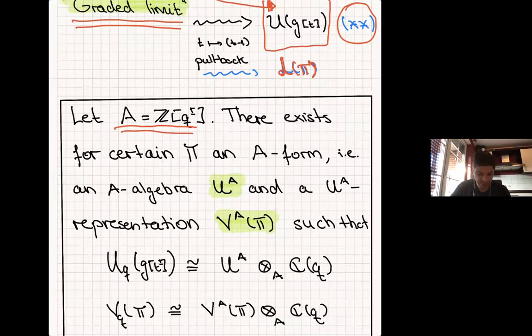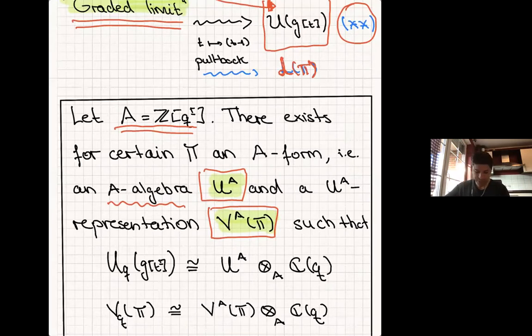For that, you first need an A-algebra, this U_A, and you need a representation for this algebra, let me call it V_A(pi), such that you can realize this algebra as a tensor product. Well, this is not so difficult. And also you can realize the representation as a tensor product over this ring A. So let's assume that pi is given so that these isomorphisms are there. So pi admits an A-form.